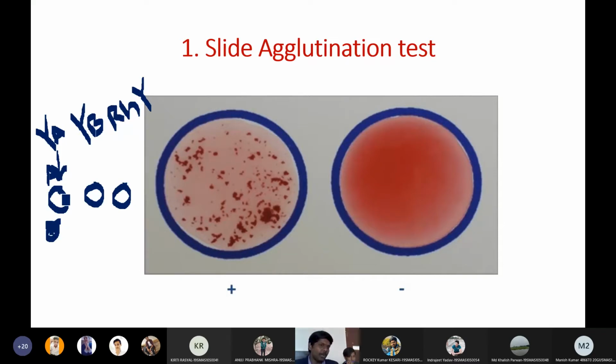So A antigen is positive, and the blood group might be A positive. If B antigen also reacts, it means AB blood group. If it is negative, it means AB negative. If it is positive, it means AB positive. This is how you do blood grouping by slide agglutination test.